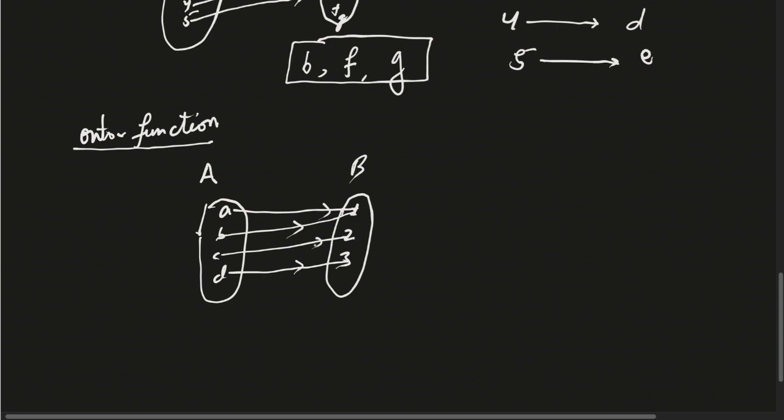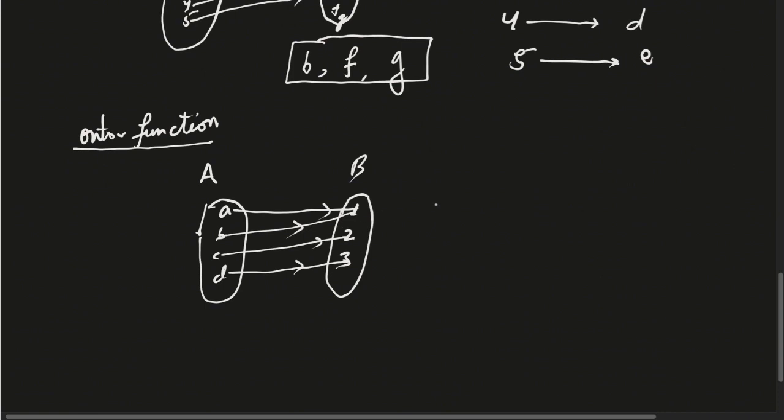So in such a function, no element in set B, that is the codomain set, remains unmapped. And if this is the condition, then this is called an onto function. When all the elements in set B, that is all the elements in codomain set, get mapped with the corresponding element in set A, then this is called an onto function.